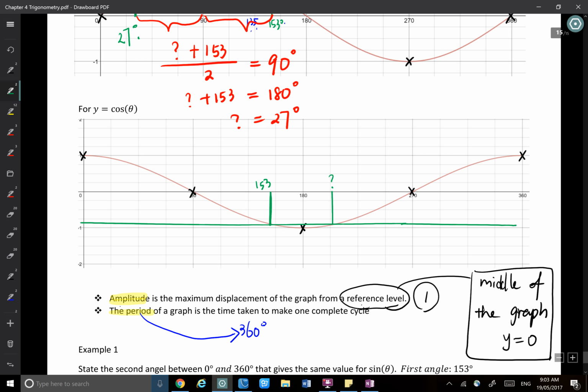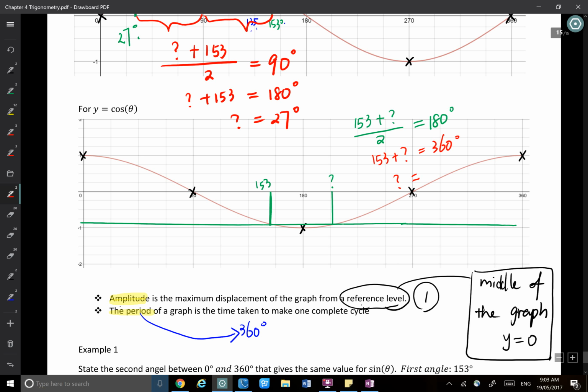Those two x values will give you the same cosine value. It is symmetrical about 180 degrees. Therefore, 153 plus question mark divided by 2 will give you 180 degrees. So 153 plus question mark will give you 360 degrees.